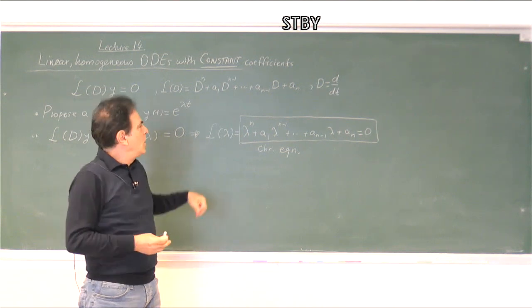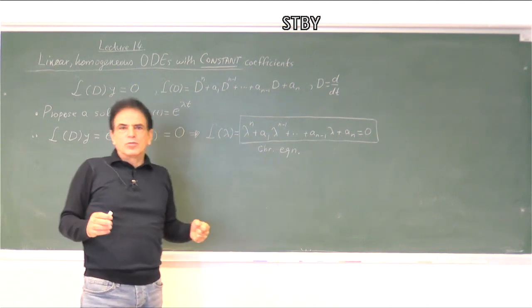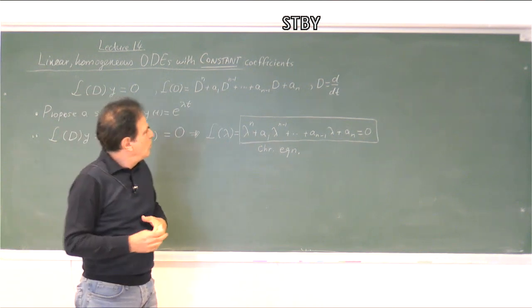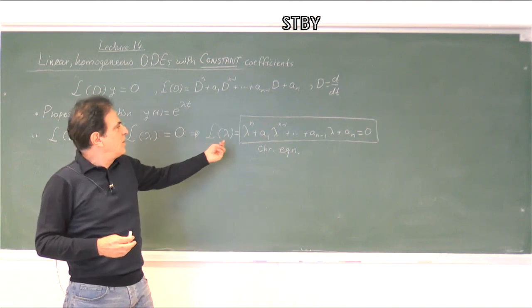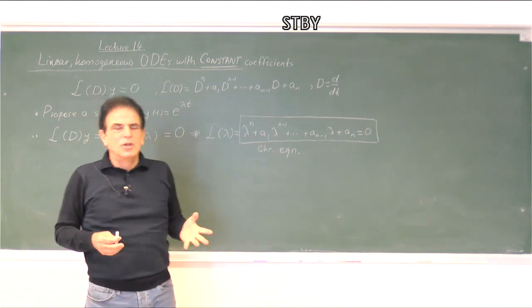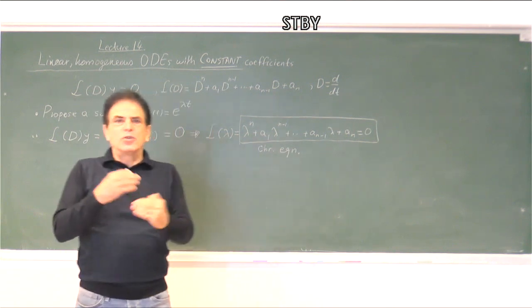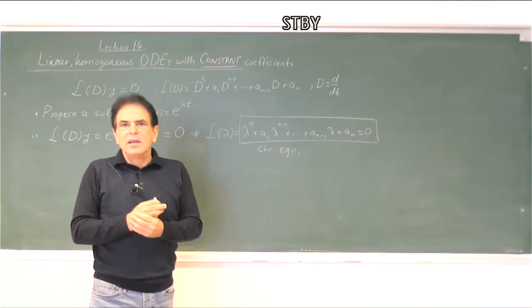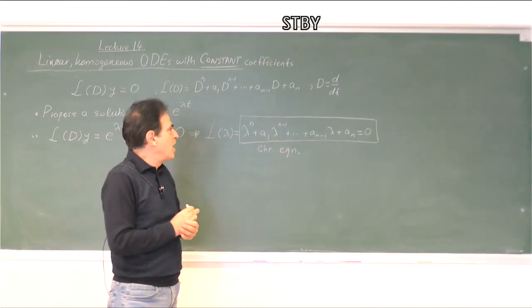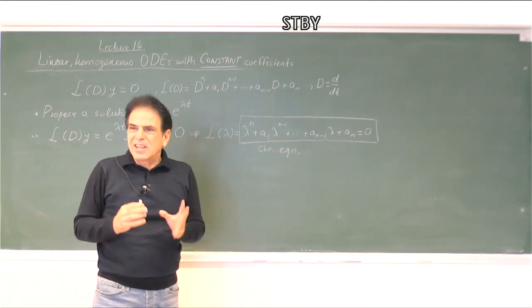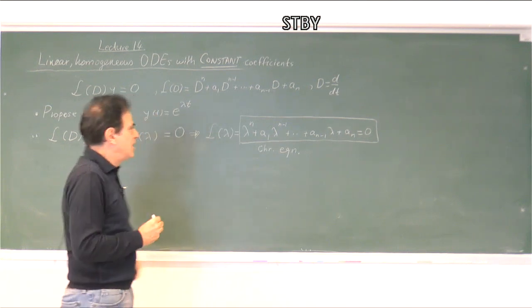Real or complex roots may be single or repeated. What else? If this characteristic equation has a complex root, then the complex conjugate of that number is also a root, so complex roots appear in pairs. These are very well known. So let us discuss these cases in detail.